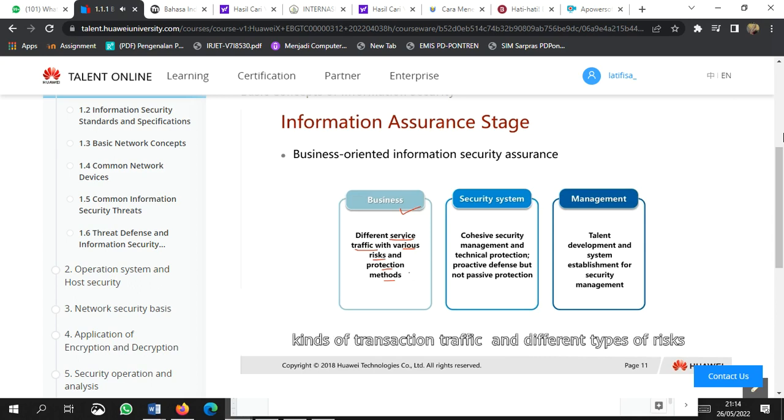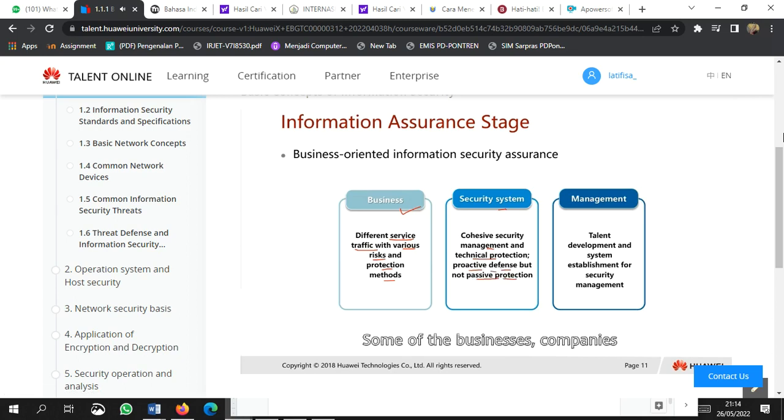Different kinds of business have different kinds of transaction traffic and different types of risk. In terms of security system, it needs comprehensive security management and technical protection, proactive defense, but not passive protection.